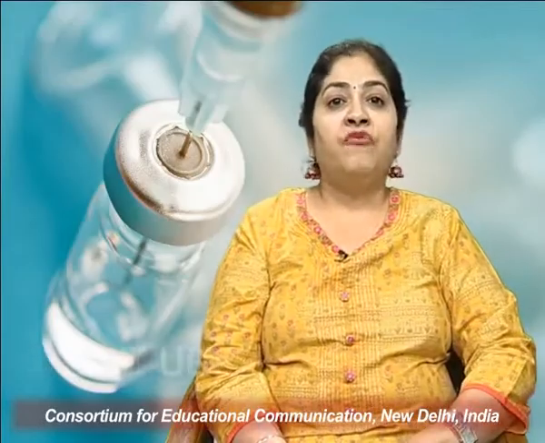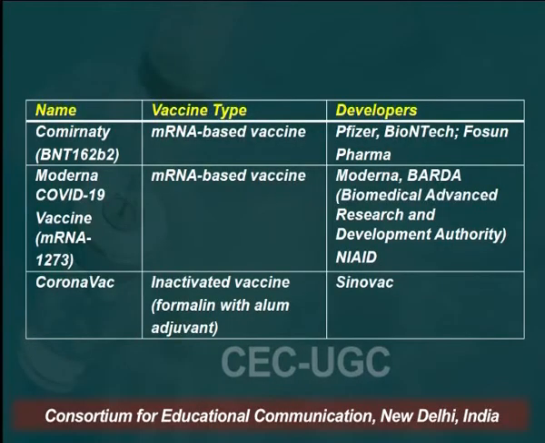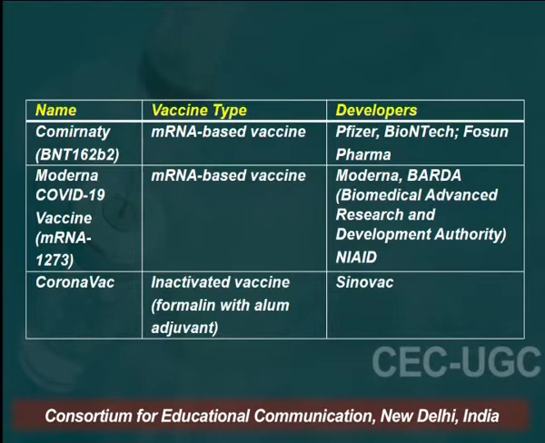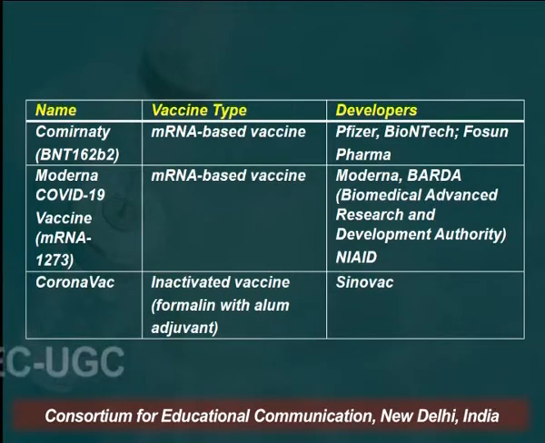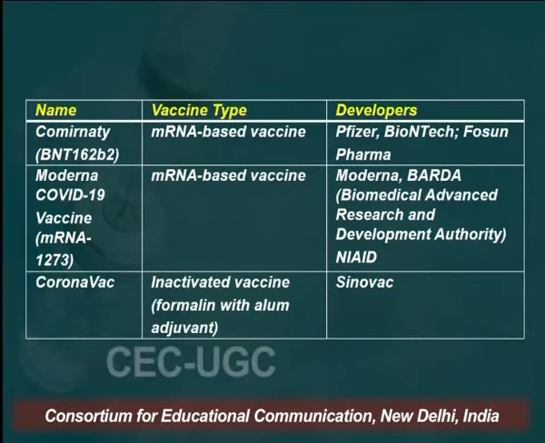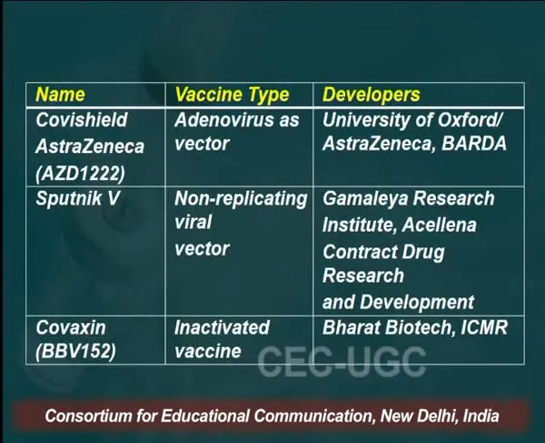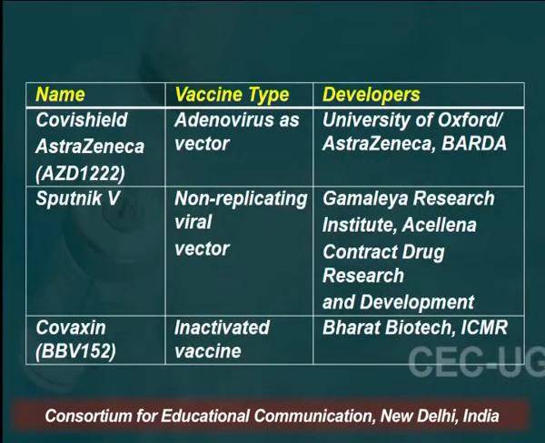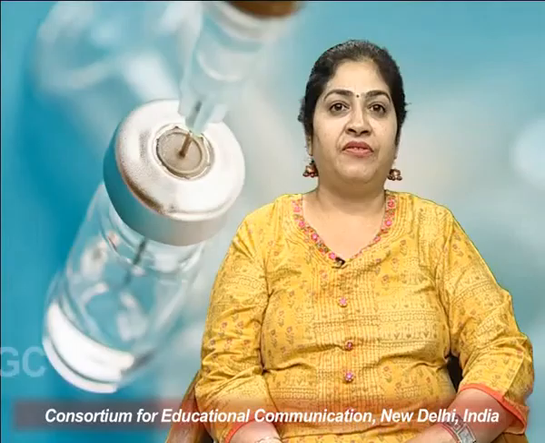Now, these are a few of the vaccines that came up. For example, the Pfizer vaccine, which was mRNA based, the Moderna vaccine, again mRNA based, CoronaVac by Sinovac, the Covishield, which uses adenovirus as a vector, developed by AstraZeneca, Sputnik, the Russian vaccine by Gamaleya Research Institute, and the Covaxin, developed by Bharat Biotech and ICMR, which is an inactivated vaccine.